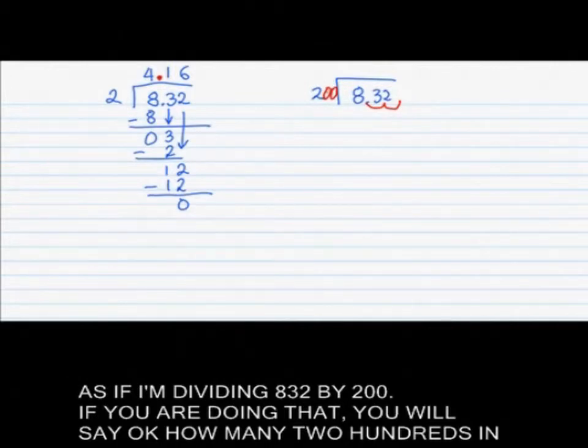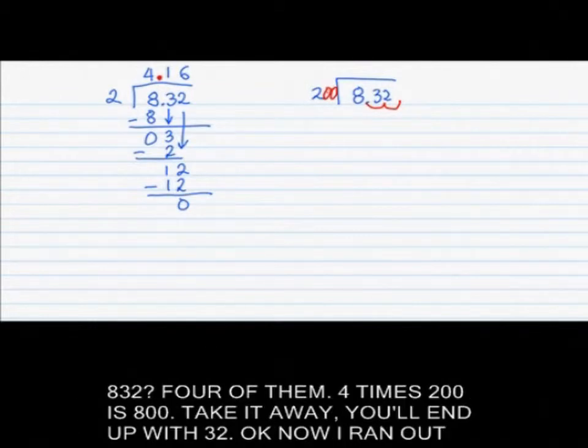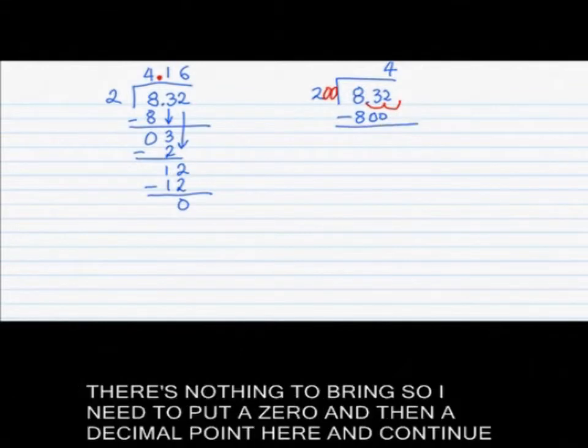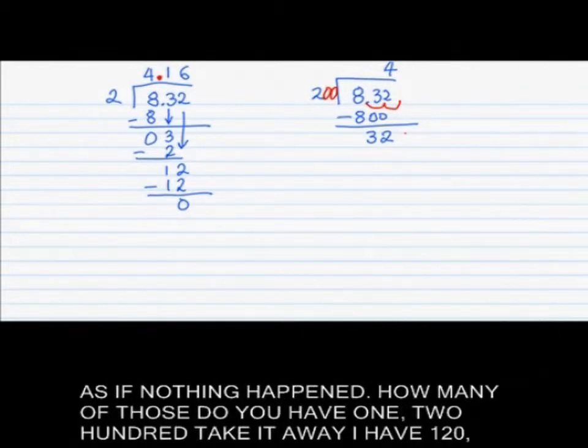If you're doing that, you will say, okay, how many 200's in 832? 4 of them. 4 times 200 is 800. Take it away. You'll end up with 32. Okay, now I ran out. There's nothing to bring, so I need to put a 0 and then a decimal point here and continue as if nothing happened. How many of those do you have? 1. 200.